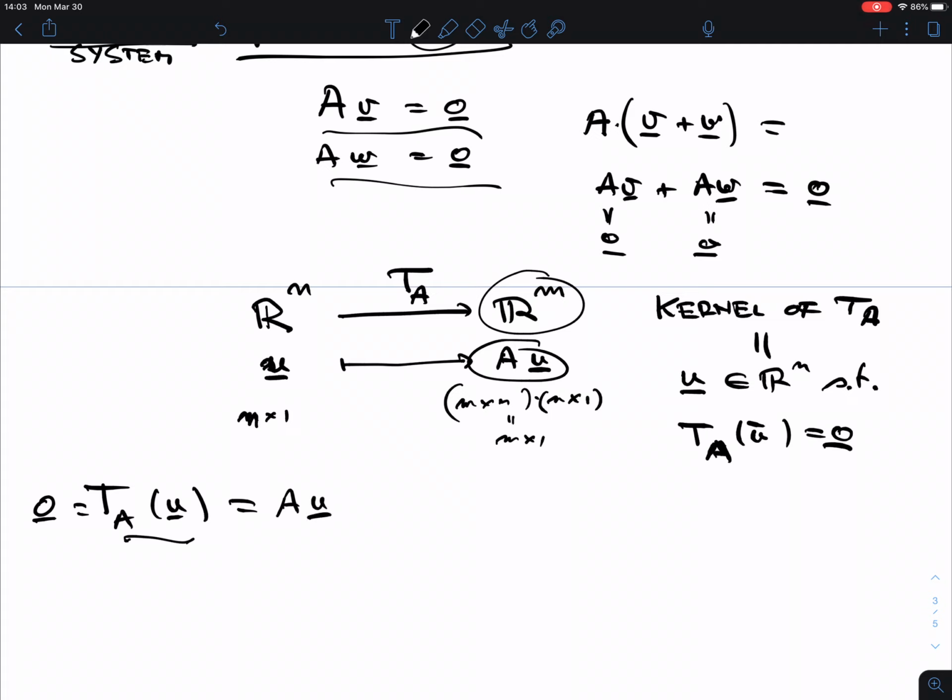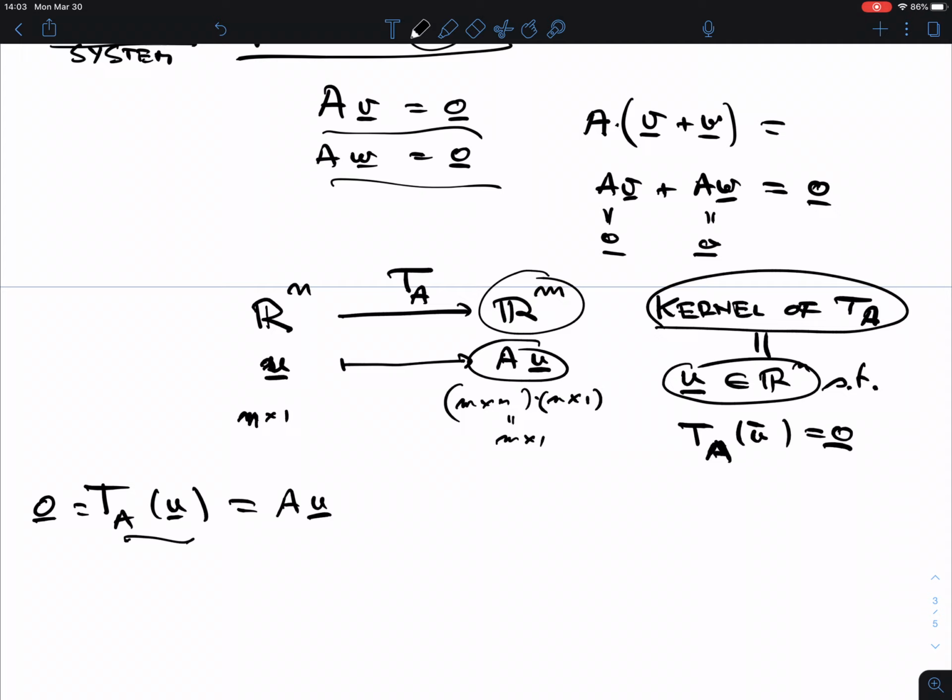So u is in the kernel of T_A, and that's written by a notation, but they have not introduced the notation, so I'll wait with the notation myself then.